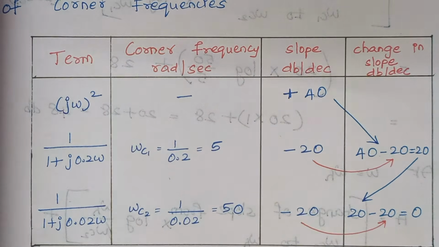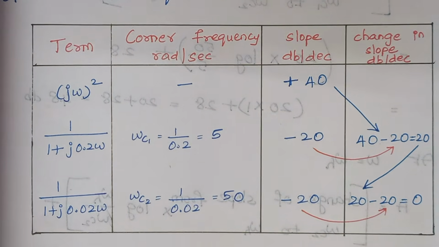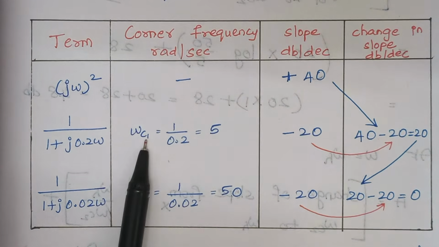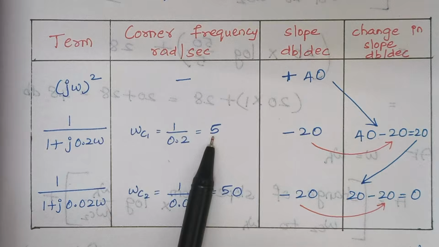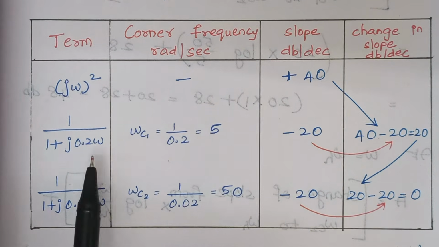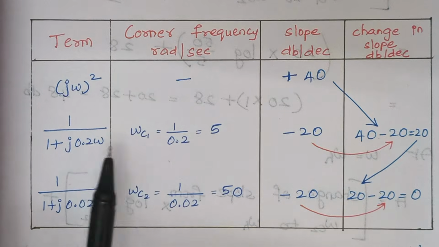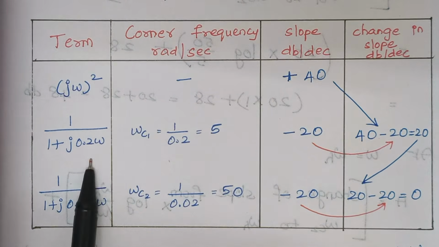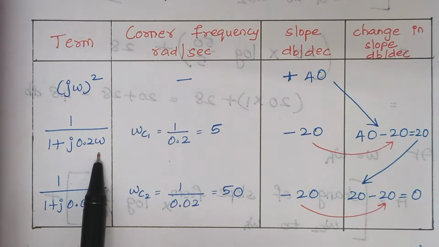Then the next thing is we have to list out the terms according to the corner frequencies. You see, the first corner frequency is 5, right? Which term contributes this 5 radians per second? From this term, I had calculated the corner frequency as 5. So the next thing is we have to write the respective terms.